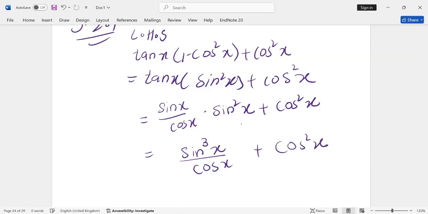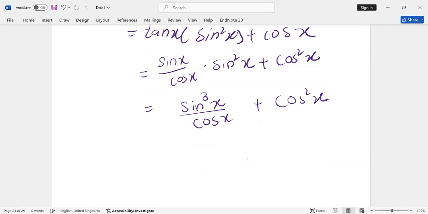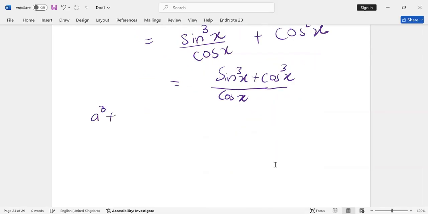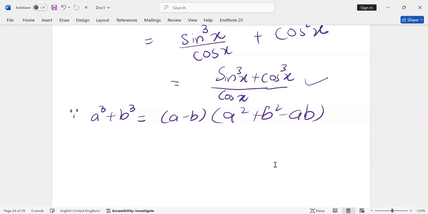All right, so now I'm taking the LCM, which is cos x, and writing sine cube x plus cos cube x. And now, as you know the formula, A cube plus B cube equals A plus B times A square plus B square minus AB. So we apply this formula over there.